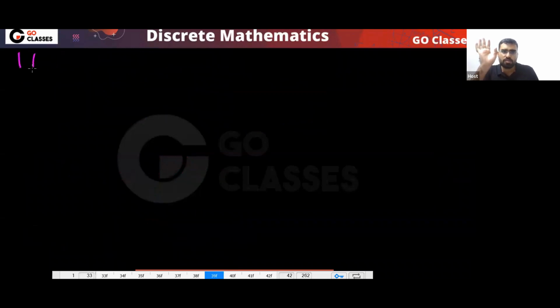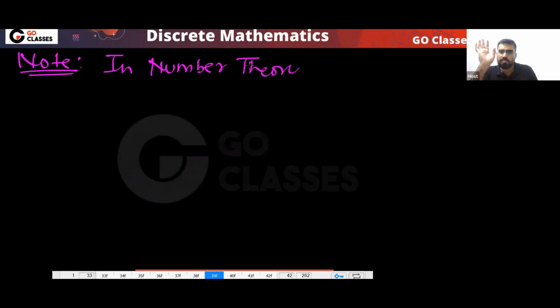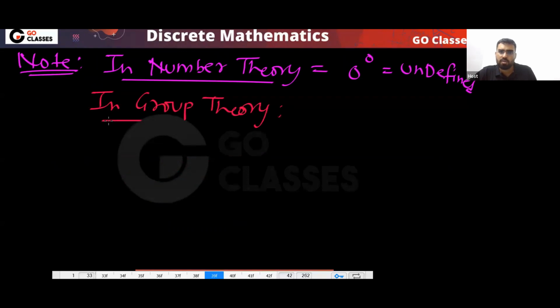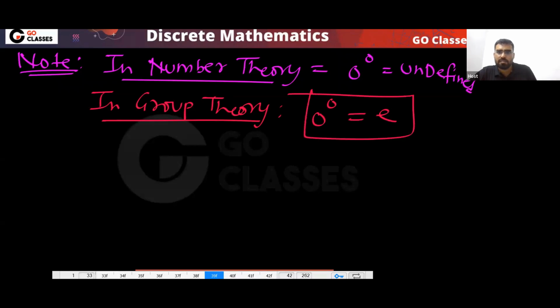Just note this point: in number theory, 0 power 0 is undefined or indeterminate. But in group theory, 0 power 0 is always the identity element.